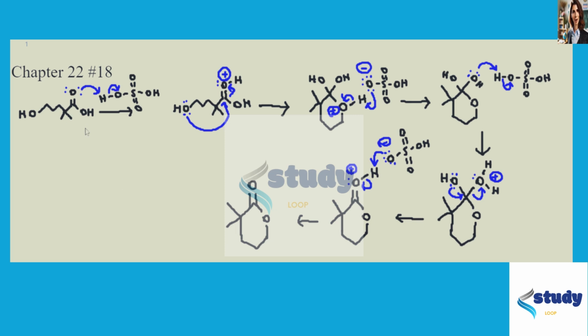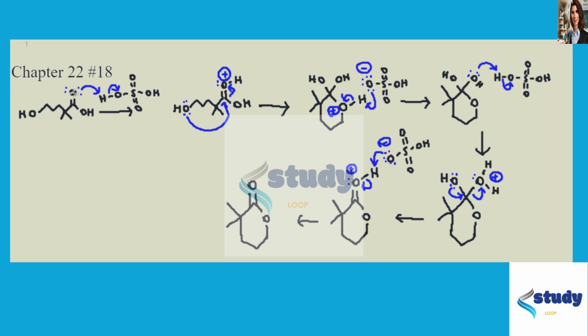The thing to remember about this mechanism, and indeed about all the mechanisms from this chapter, is that the nucleophile is going to attack the electrophilic carbon of the carbonyl. A tetrahedral intermediate will form. One of the oxygens will then close back down, and the best leaving group will be kicked out.